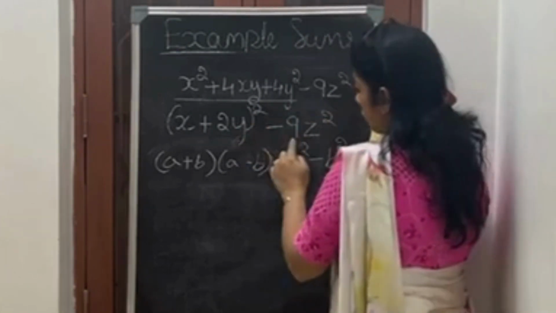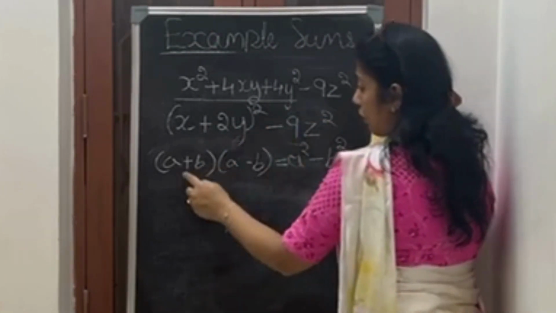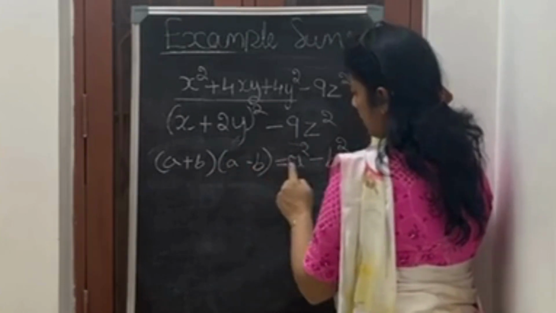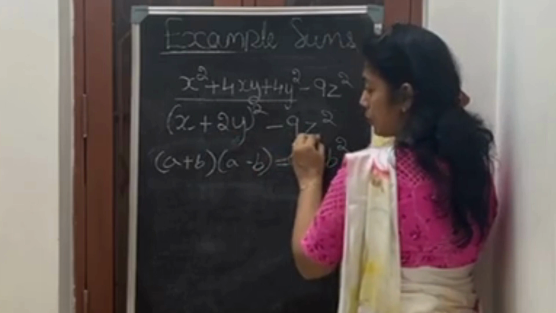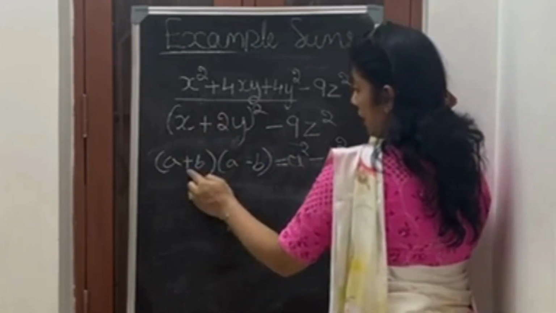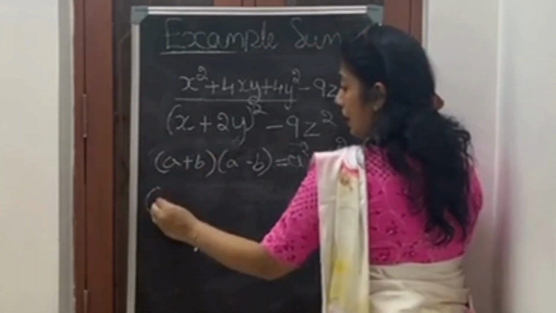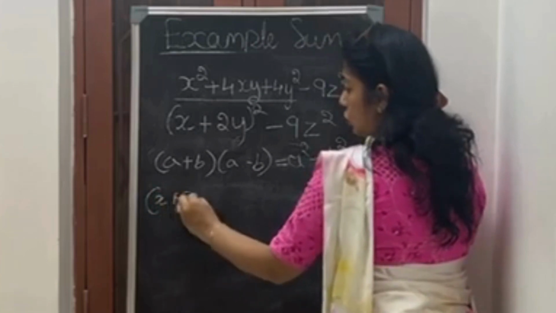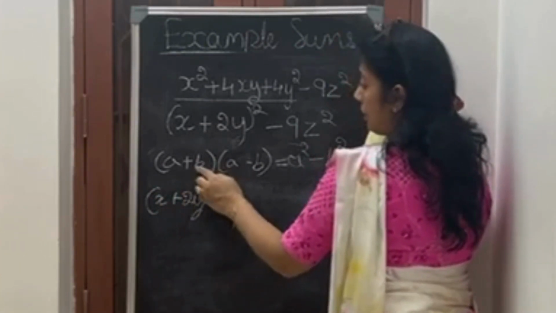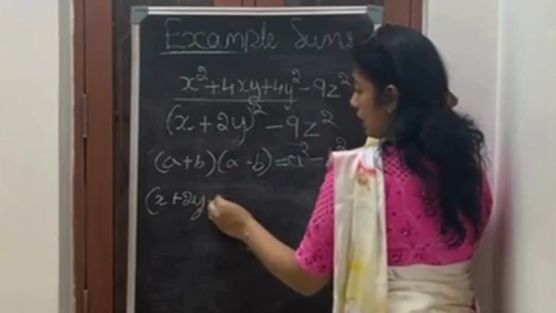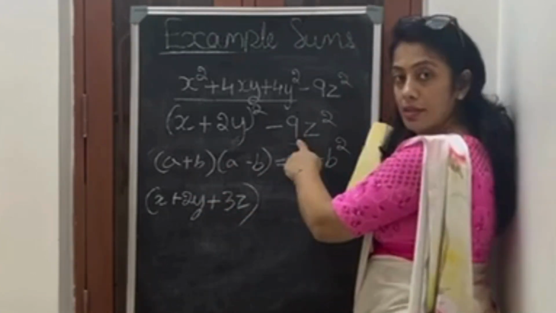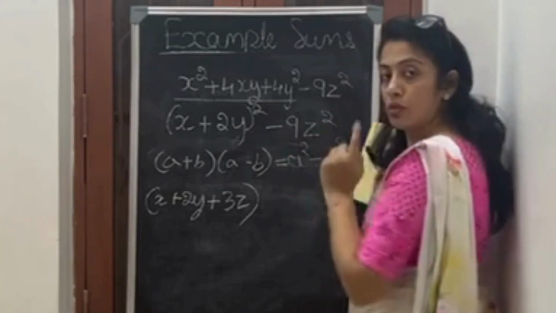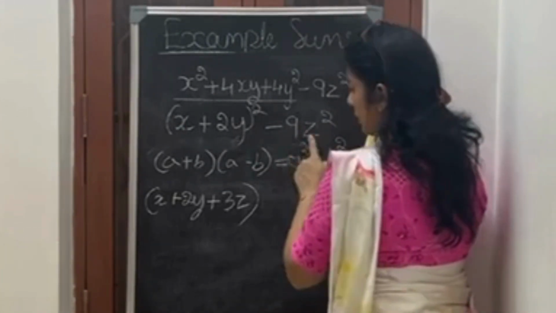For this I have taken the formula a plus b into a minus b equals to a squared minus b squared. This becomes my a squared, this becomes my b squared. So a plus b is x plus 2y plus b, plus 3z. Why I took 3z? 3 3s are 9. z into z, z squared.